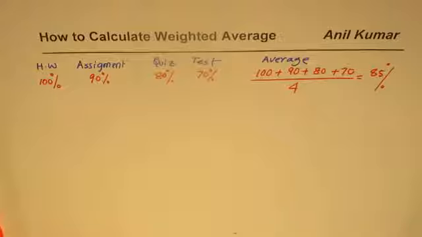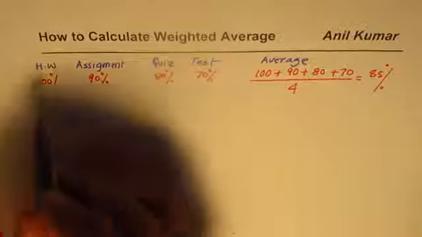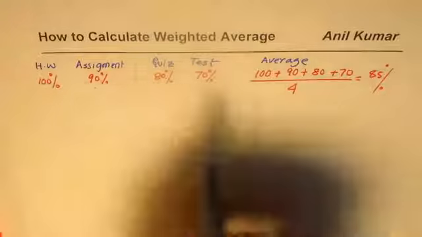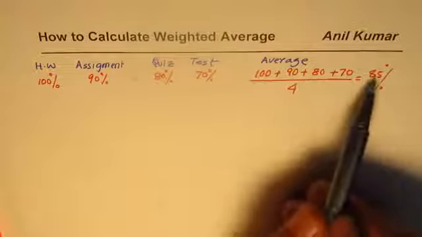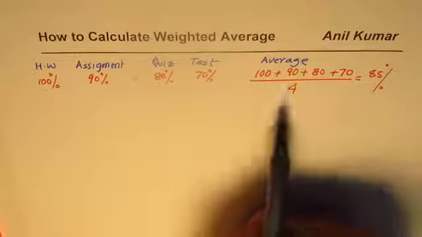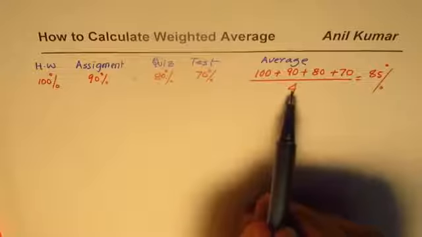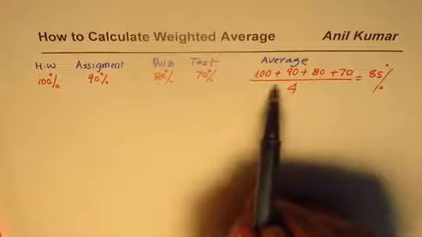Now what does that weight mean? Weight really means here that they're all equal. How? Let's say this is like 85%, right? So we divide everything by 4. That means kind of a quarter.